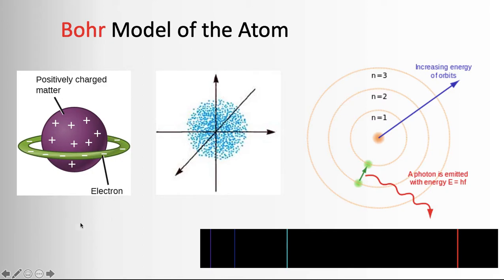From the gold foil experiment, Rutherford and his team figured out that this model wasn't quite right. What they came up with was that in the center is a very dense nucleus, made up of the protons and the neutrons, and then the electrons are orbiting around.